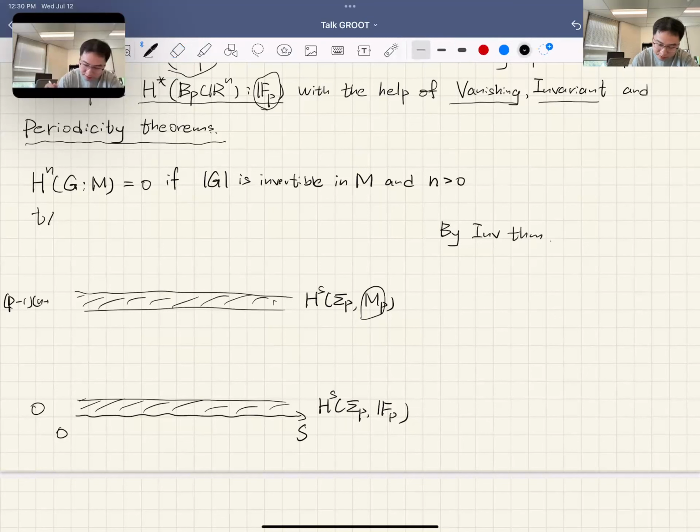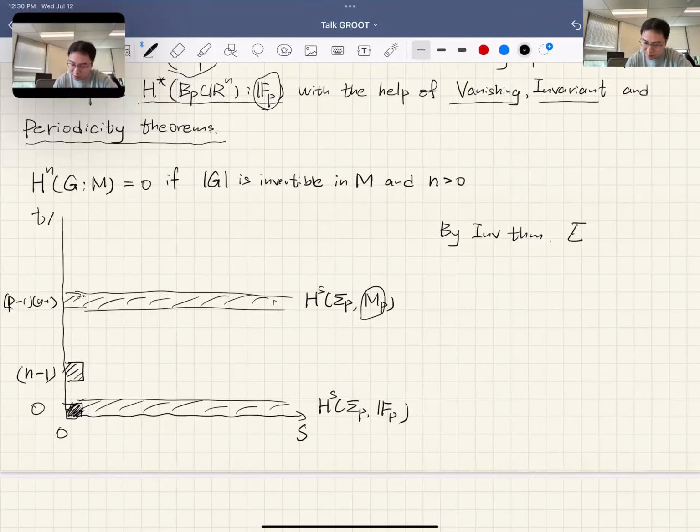So by the invariant theorem, if n is odd, we only have something non-trivial when t is 0. If n is even, I have something sitting here for t equals n minus 1. Okay. So by the invariant theorem, I have a modified version of the E2 page.